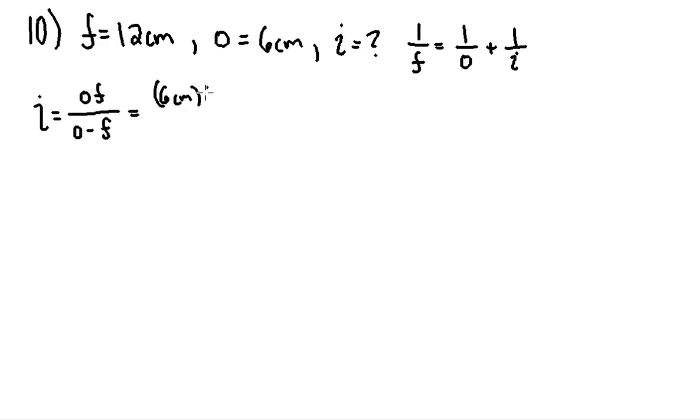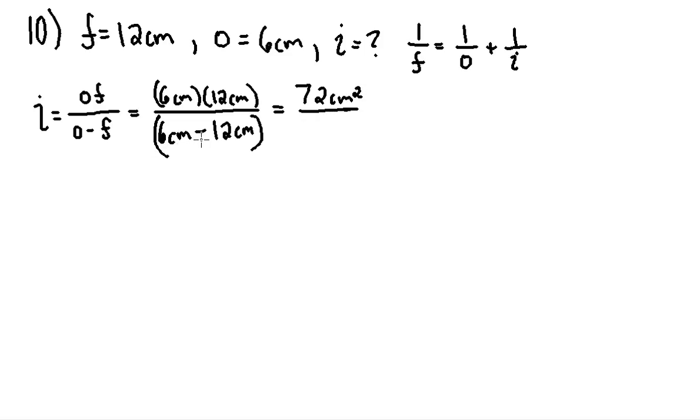Multiplied by 12 centimeters, divided by 6 centimeters, subtracted by 12 centimeters. Okay, 6 times 12, that's 72 square centimeters.